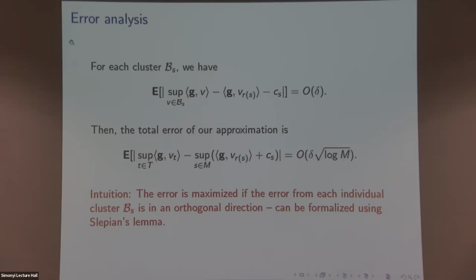Okay. So really it depends on what m is. If m is small, like 1, 2, 100, we are good because the number of clusters would be small. So I have a sparse set for the approximator, and my error would be delta times square root log m. So what is the value of m? So far so good.